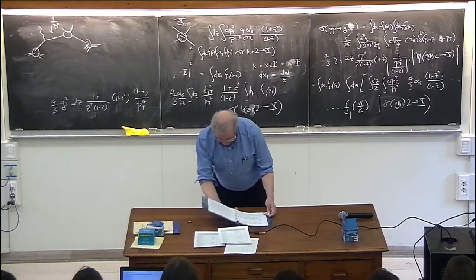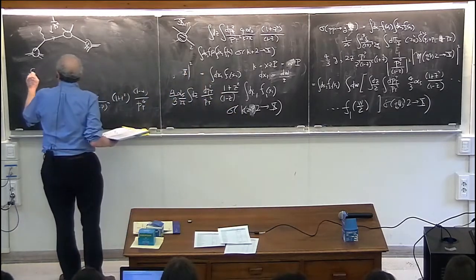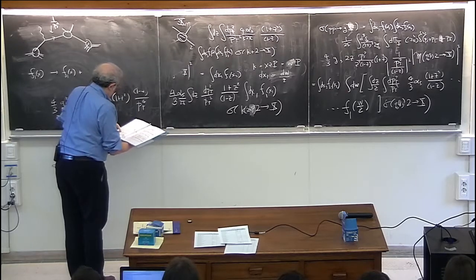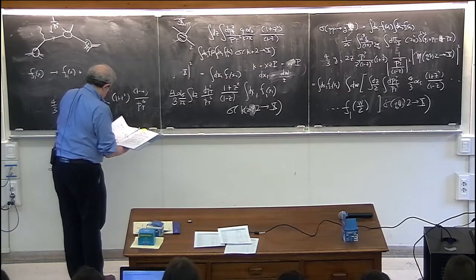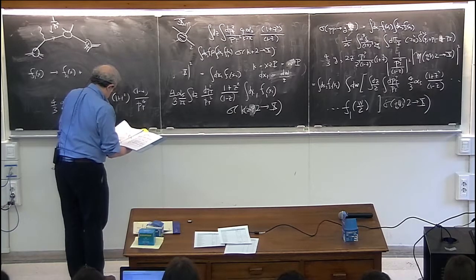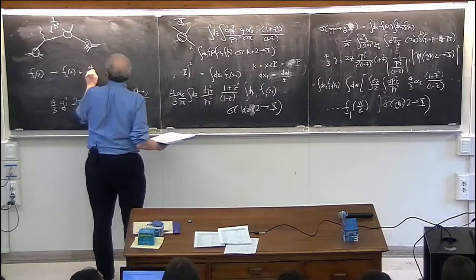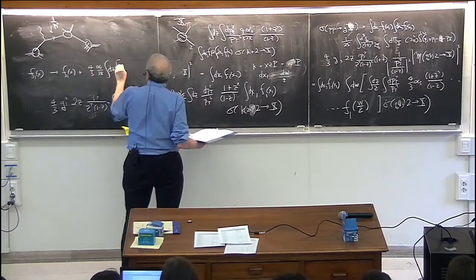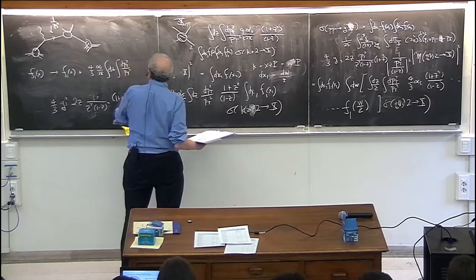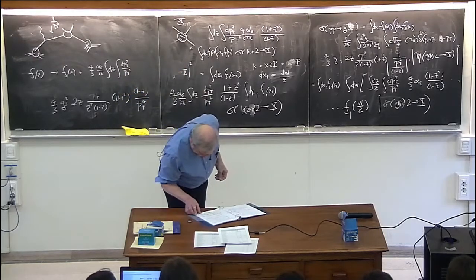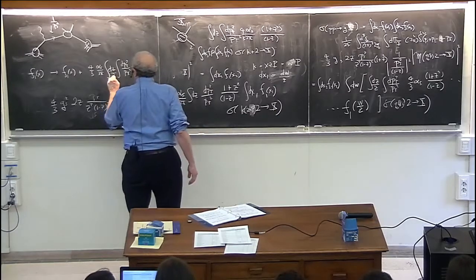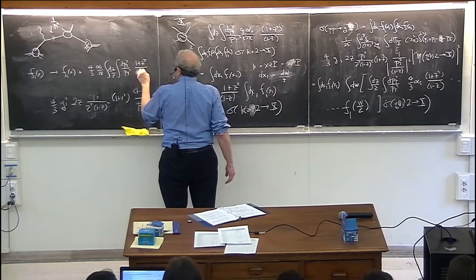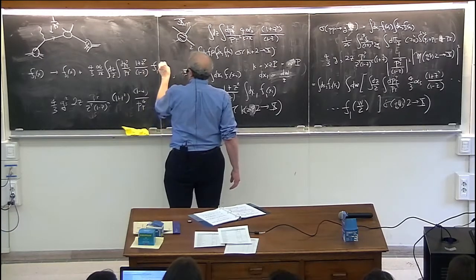So let me write that out in a more careful way. We found that f1 of x is turning into f1 of x plus the following factor, four-thirds alpha s over 2 pi, the integral dz, the integral dpt squared over pt squared, over z, the kinematic factor that I wrote there, 1 plus z squared over 1 minus z, and then here appears f1 evaluated at x over z.